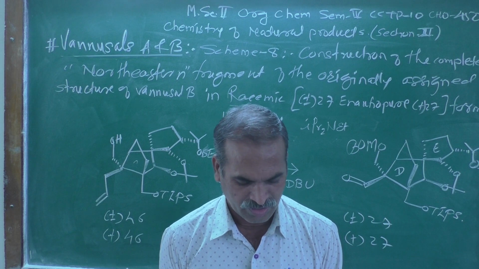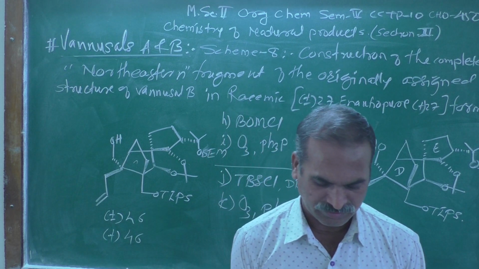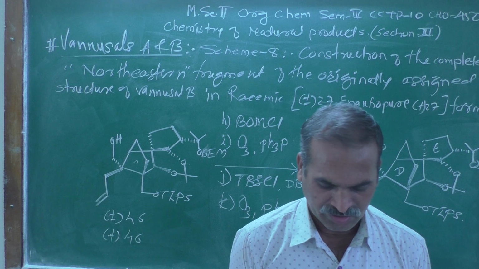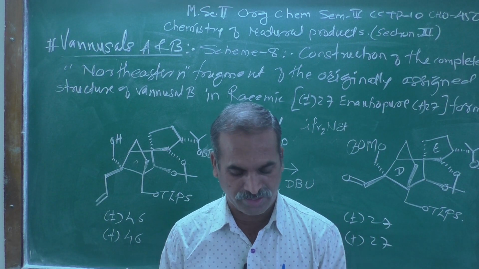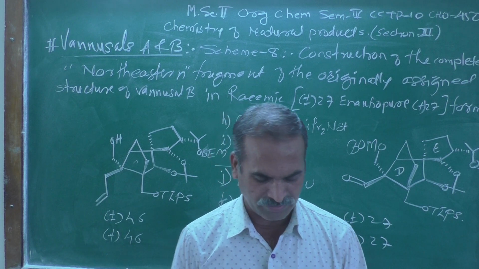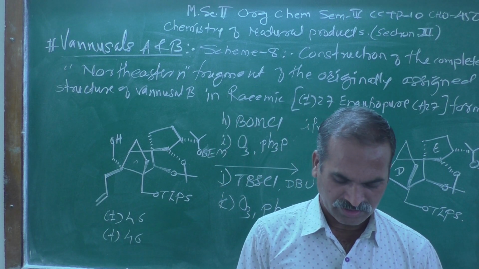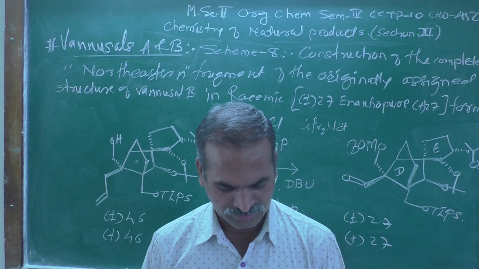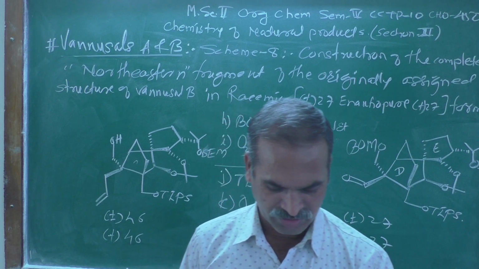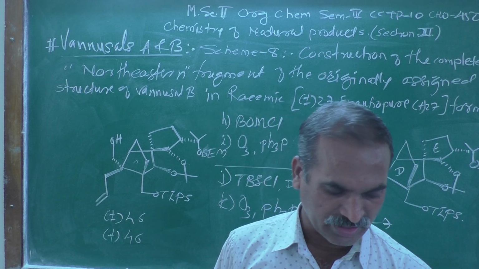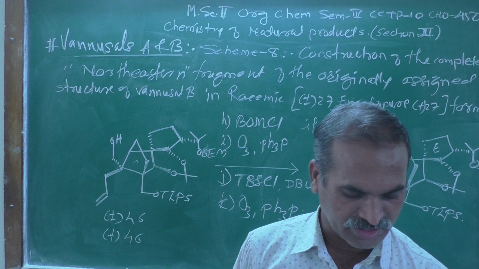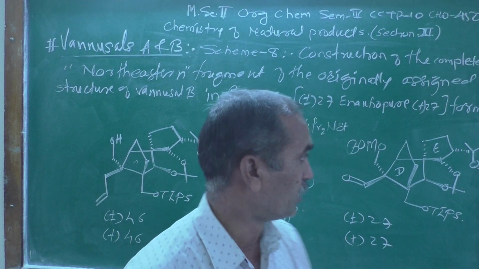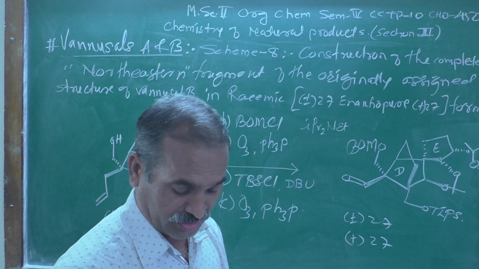truncation by 1 carbon, TBSCl, DBU followed by O3, PPh3, 95% yield for two steps to furnish the targeted aldehyde plus-minus 27 and plus 27 respectively. I think we have discussed scheme number 8 in detail.